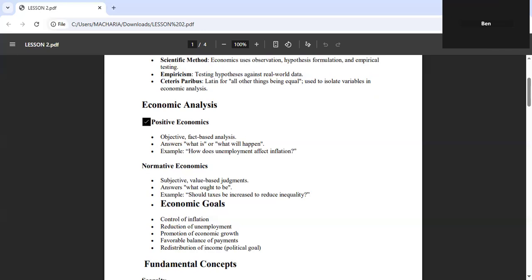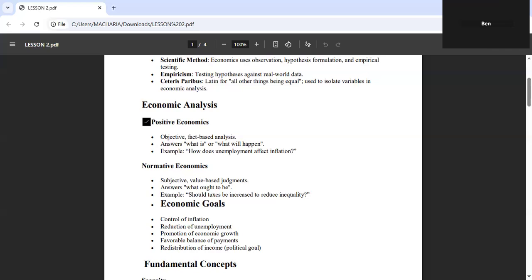Basically, when we're talking about positive economics, we are comparing or searching data based on real life situations. But normative economics is a value-based judgment. It is subjective. What could have happened or what ought to be, it is subjective. Like, should taxes be increased to reduce inequality?